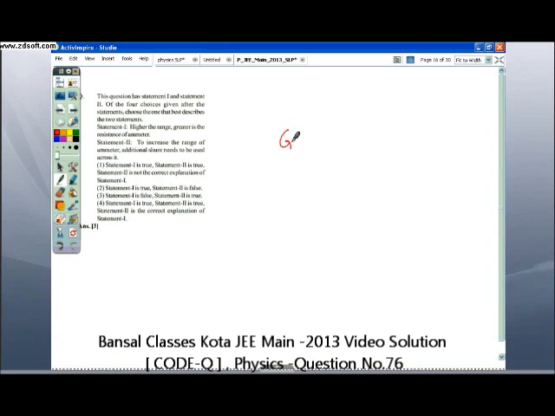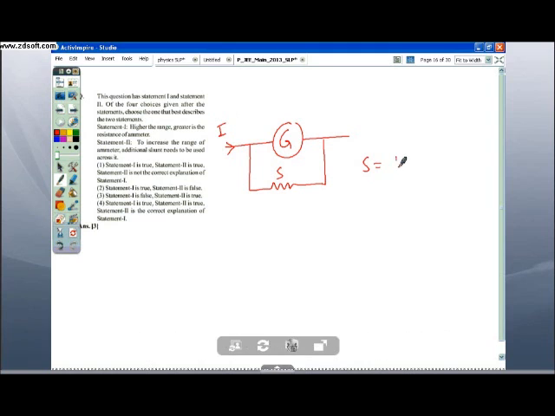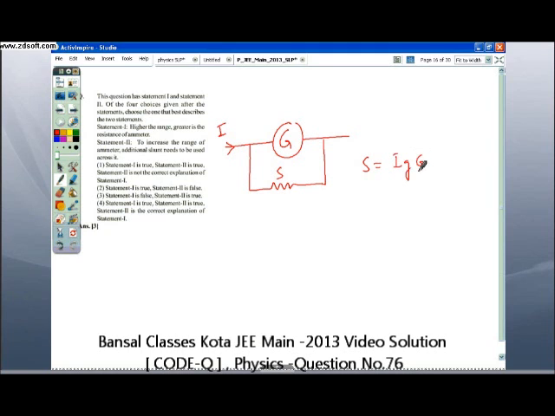We know that if a galvanometer is converted into ammeter, then a wire of very small resistance called shunt is connected in parallel with the galvanometer. And if range of this ammeter is I, then shunt required is Ig into G upon I minus Ig.